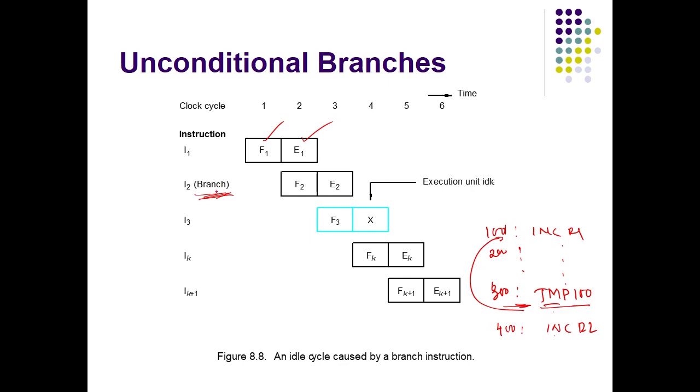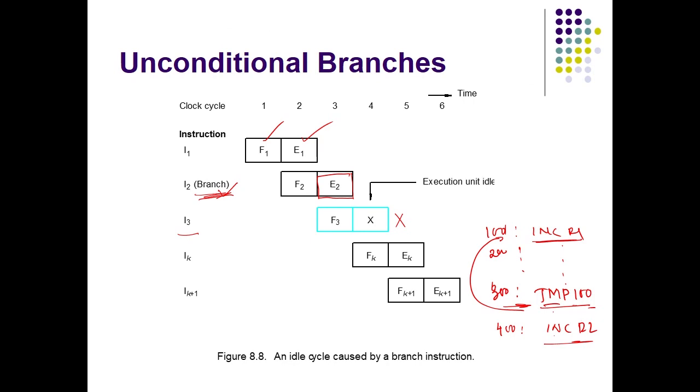So, while executing the branch instruction, the following instruction, that is I3, also will be fetched. After realizing during execution that this is a jump instruction, actually it should have executed the instruction INC R1, not INC R2. So, you have to discard this instruction. Why? Otherwise, the results will all be changed.